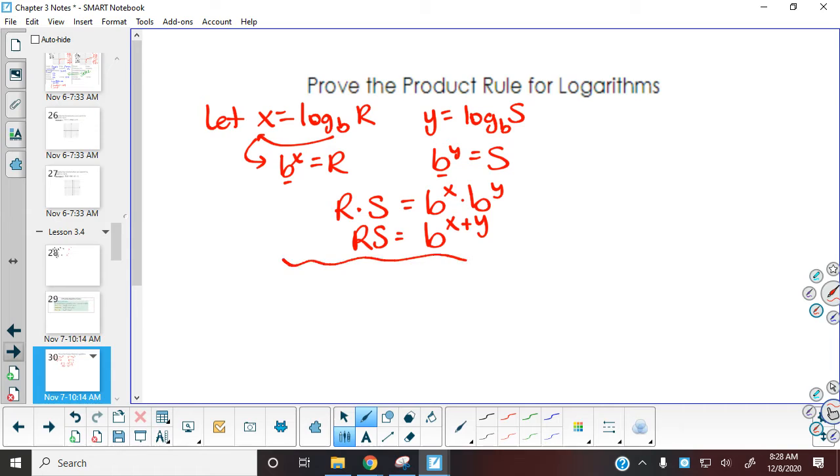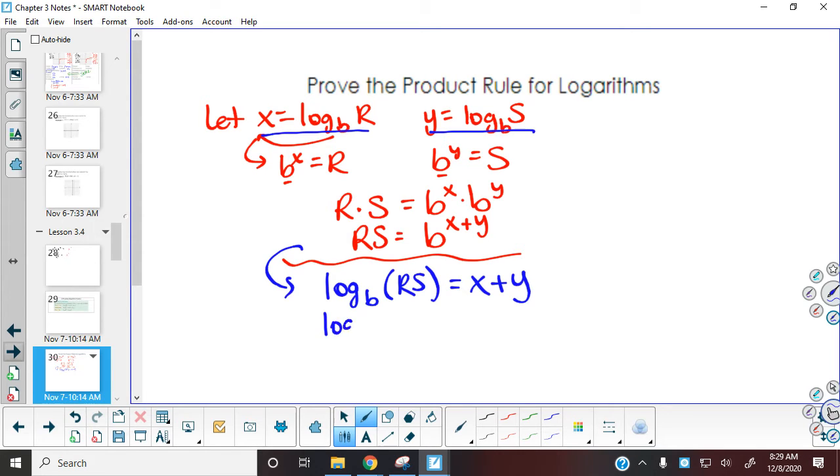What you're then going to do is rewrite back into logarithmic form. So we're going to rewrite this again, going back to logs. It's going to be log, the base is b, because that's the base of your exponent, of rs equals x plus y. And then for your final step, you are substituting back in from the very beginning.